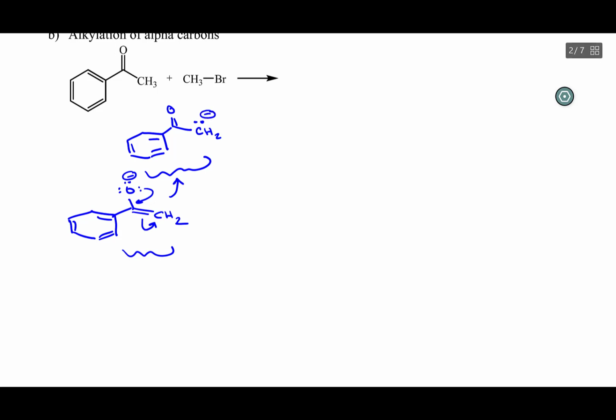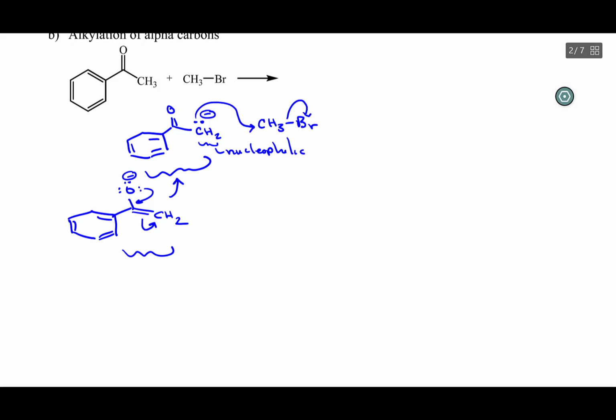So when we think about it acting as a nucleophile, we really think about the carbon, the CH2 group, as the nucleophilic carbon. And then CH3Br, methyl bromide, this is an SN2 reaction, right?